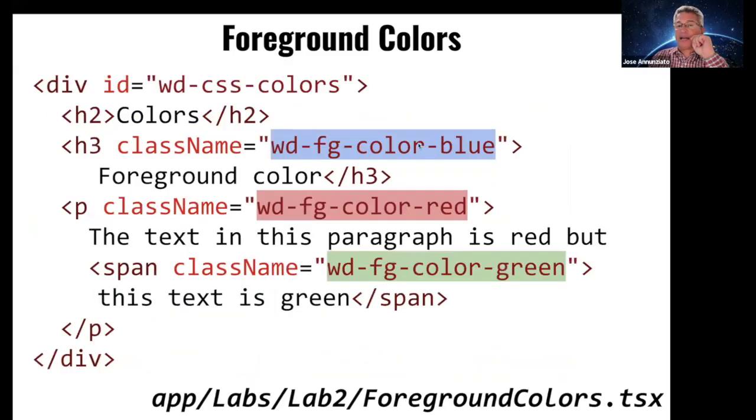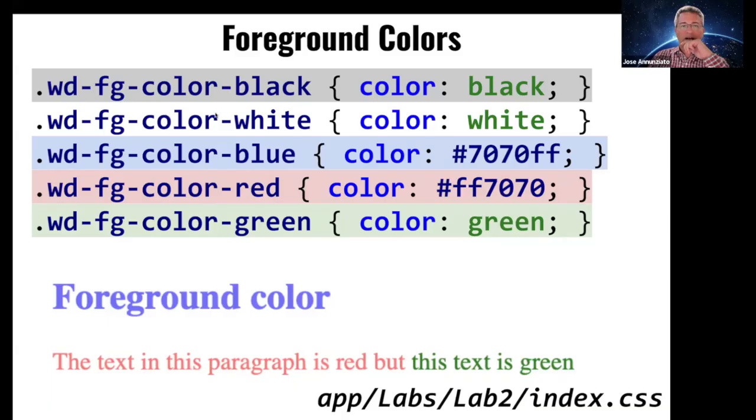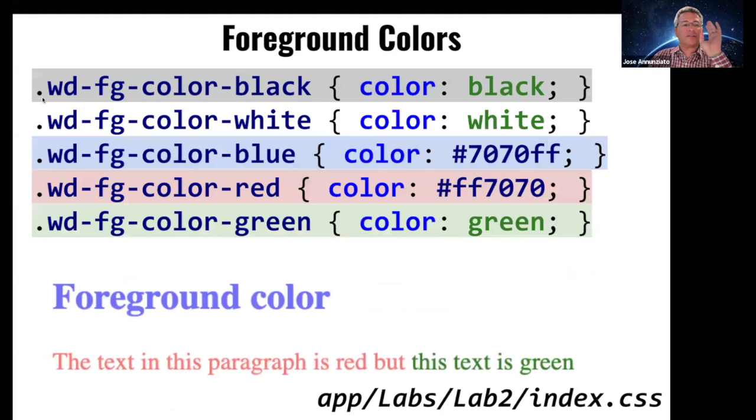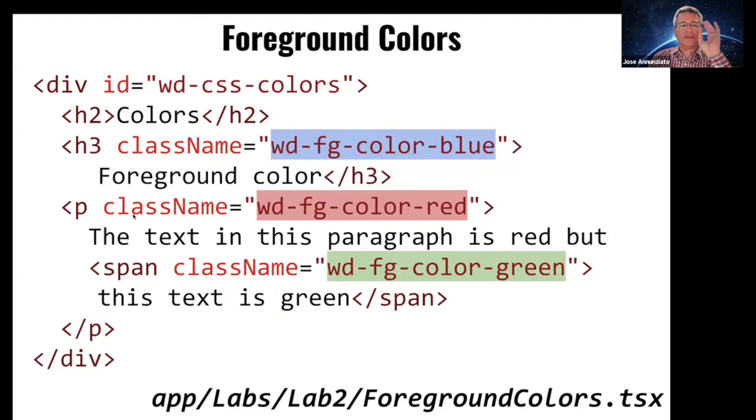And then we apply them by assigning the value to className. So these foreground colors, black, white, whatever, are being applied to the paragraph, the header, or the span. The dot means that it's going to be applied through a class attribute.